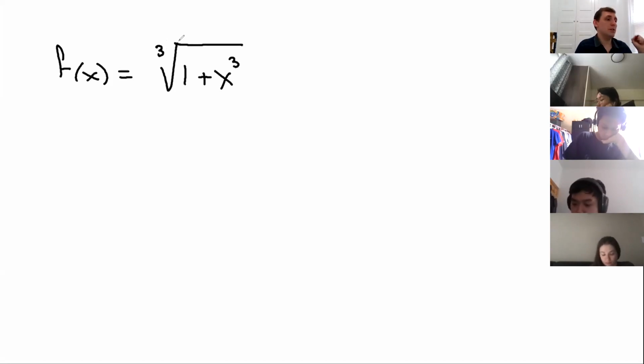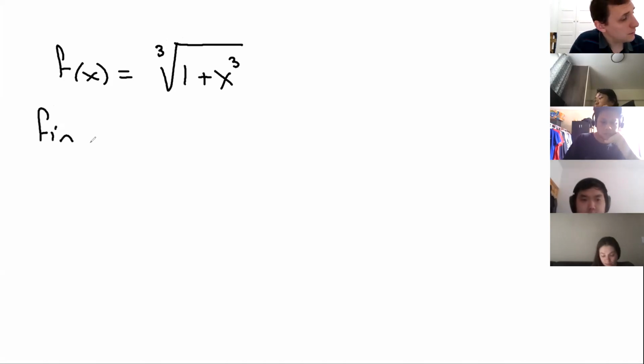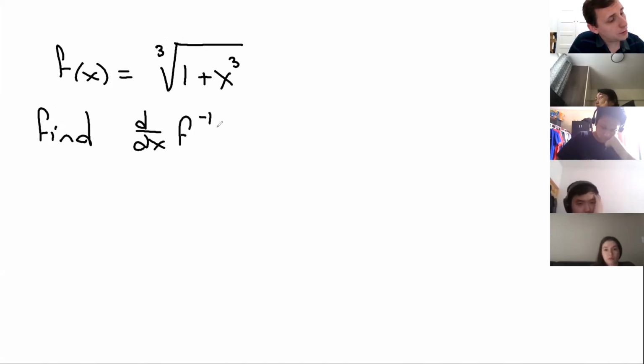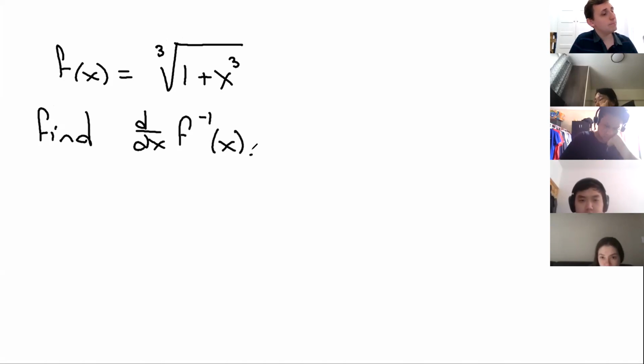Okay, that's my function here. I want us to find the derivative of f inverse x. Not of this function, but of the inverse. Can you do it the same way I have just accomplished it?